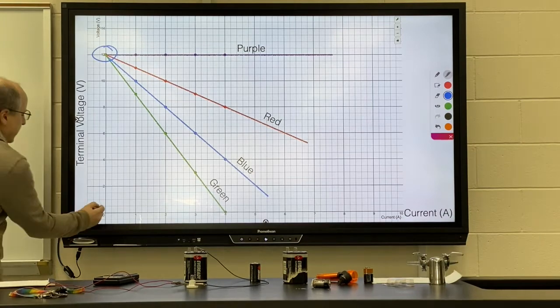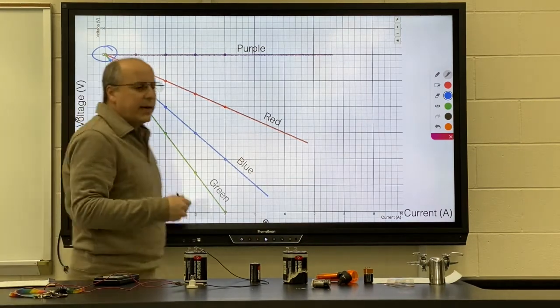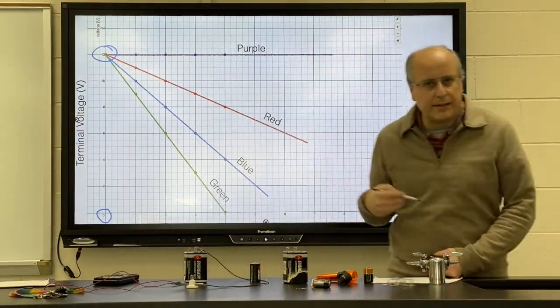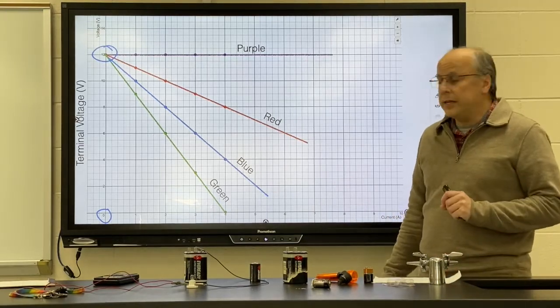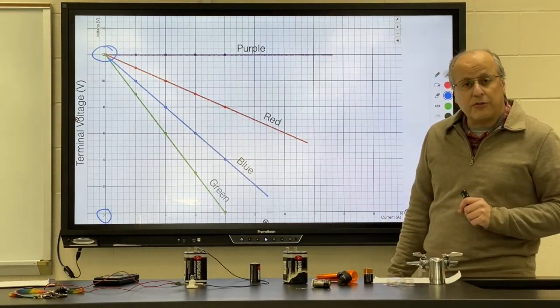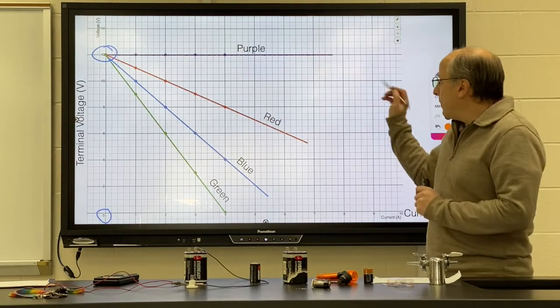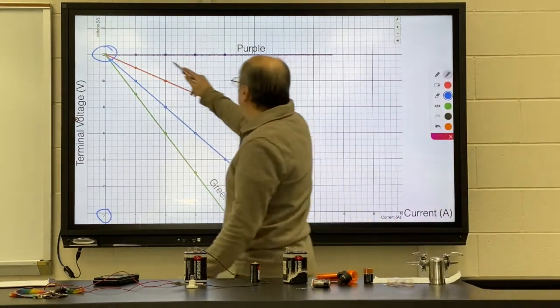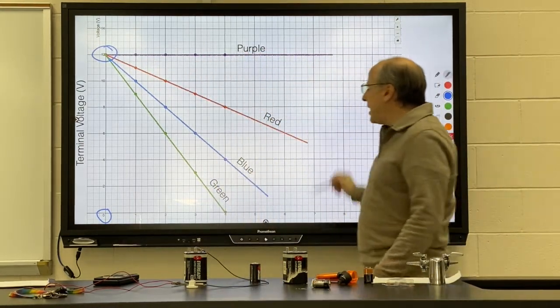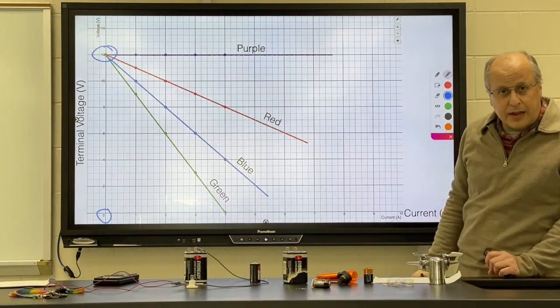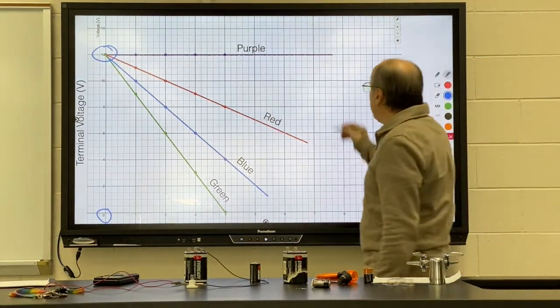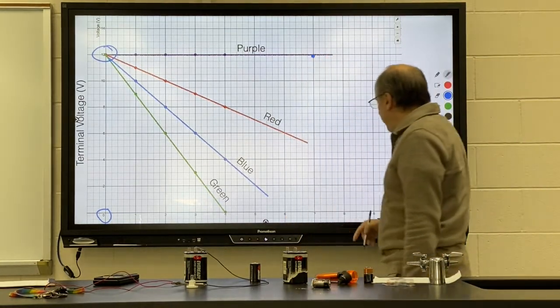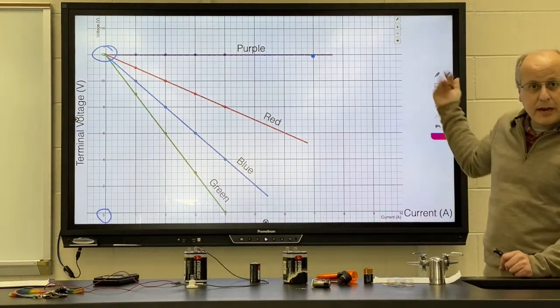All 4 of them give me 12 volts when I don't have any current coming out of them. The difference is all these batteries are not created the same. The purple one you can see barely changes as I pull more and more current out of it. This battery is able to maintain almost 12 volts at very high currents.